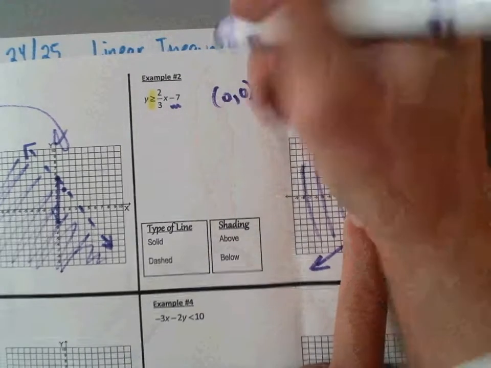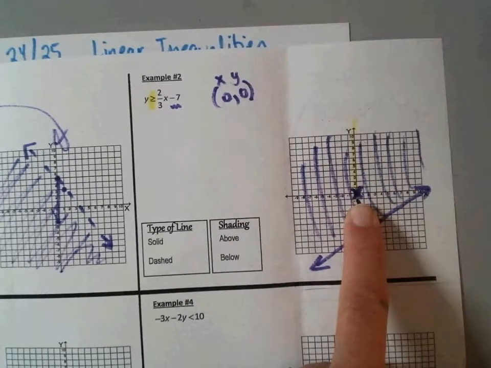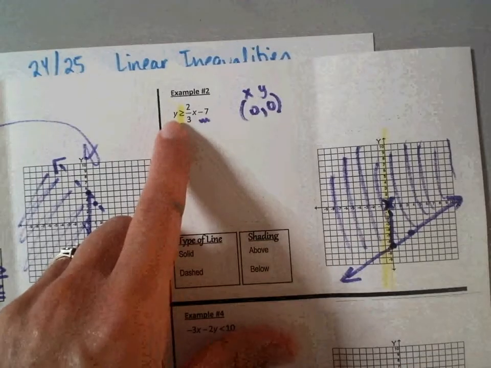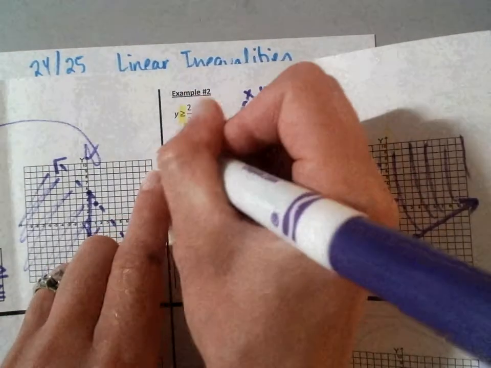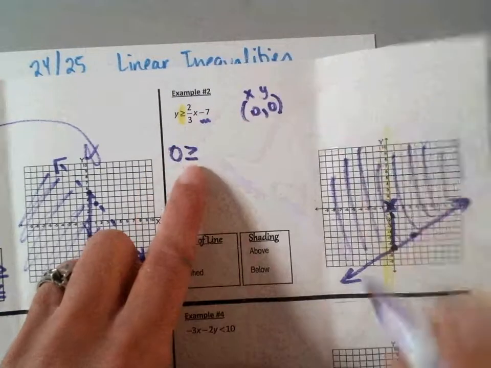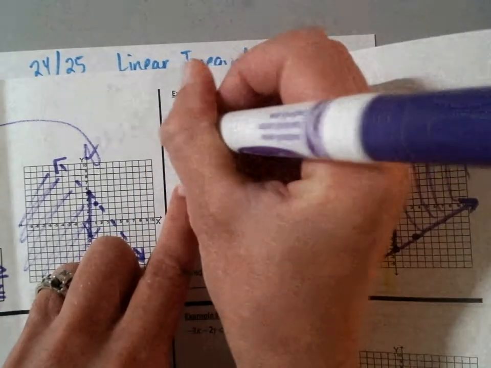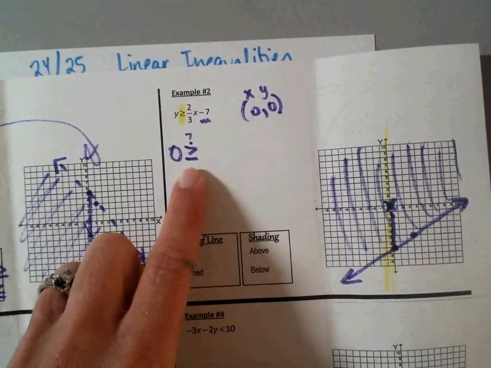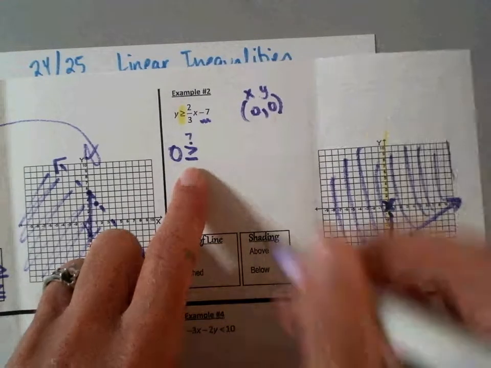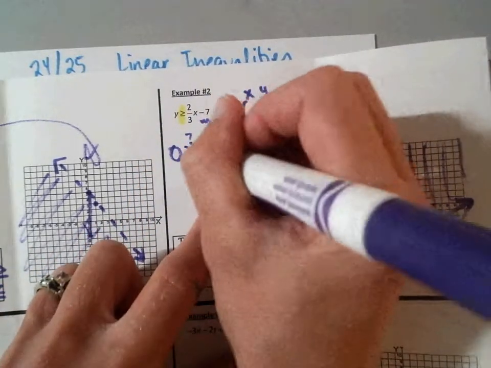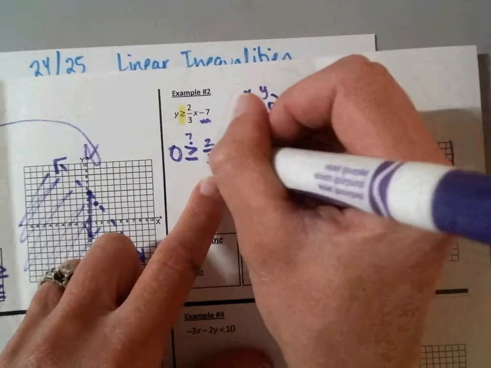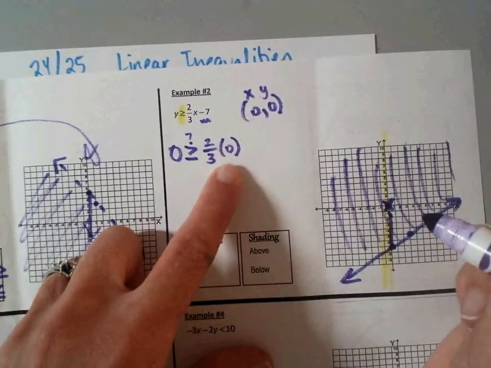When you sub in 0 for x and 0 for y, you should get a true statement. What are you putting in for the y? 0. And you need that to be true. I'm going to write it with a question mark, because we want to make sure that it is true. The next thing you're writing is 2/3. What's going in for x?